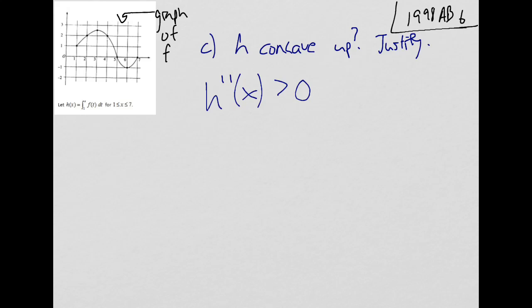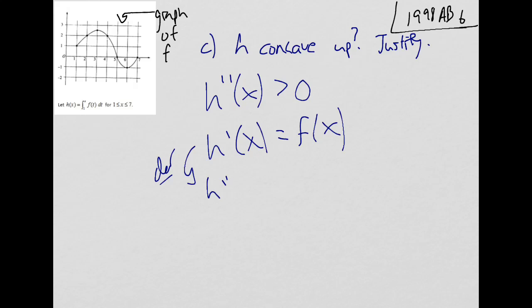So in the previous parts and in the previous video, I worked out that h prime, using the second FTC, was equal to f of x. So if I differentiate this again, then I get h double prime of x equals f prime of x.